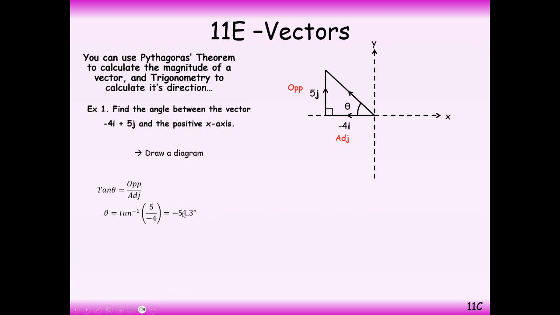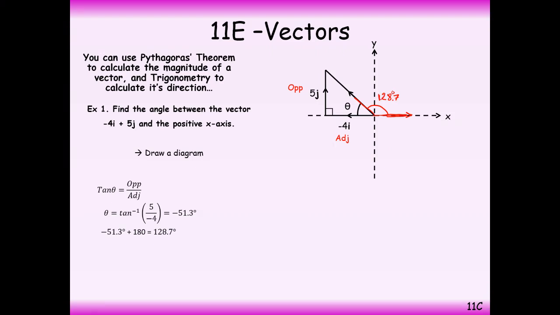Then you end up with a negative angle, which is fine. This negative angle is giving us a clue that we have to add 180 to it because we want to give a positive angle. When you add 180, you get a reflex angle, which is the correct angle, because this vector is pointing in the opposite direction to the positive x-axis. So we just found that this is 128.7 degrees.